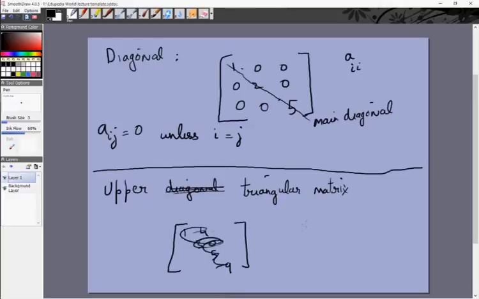I'm sorry, I got the order a little bit wrong here. It will be 1, 4, 7, 5, 3, 6, 9, 4, 2 and 5, and this will be 0, 0, 0, 0, 0, 0. So entries on the diagonal and on the upper side of the diagonal. This is called an upper triangular matrix.